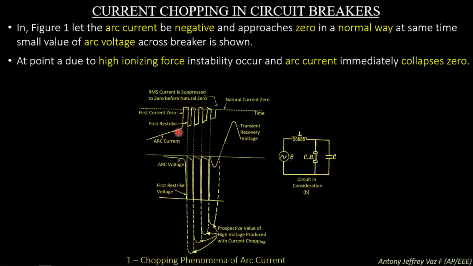Due to high ionizing forces, that is the increase of ionizing strength of the dielectric medium, the R current immediately collapses to the 0 position. There occurs a first chop. You can see from negative to 0. Here you can see a steep transition, and this steep transition is known as the first chop.